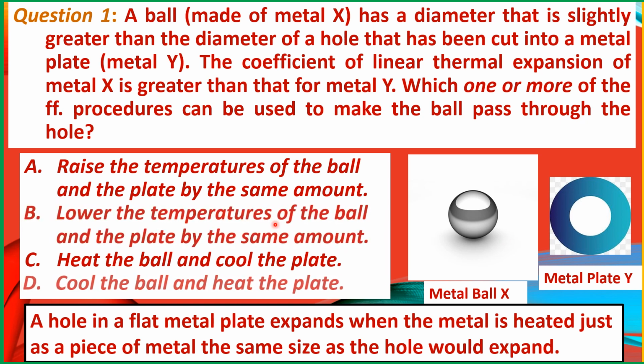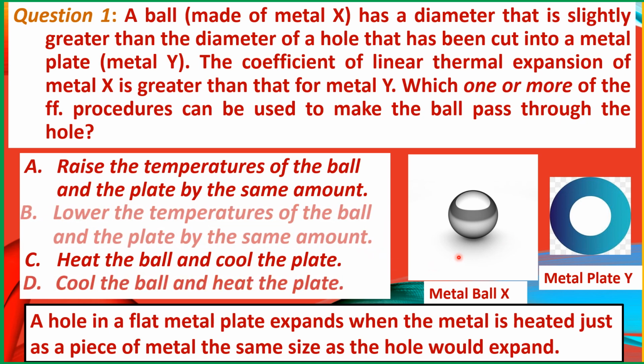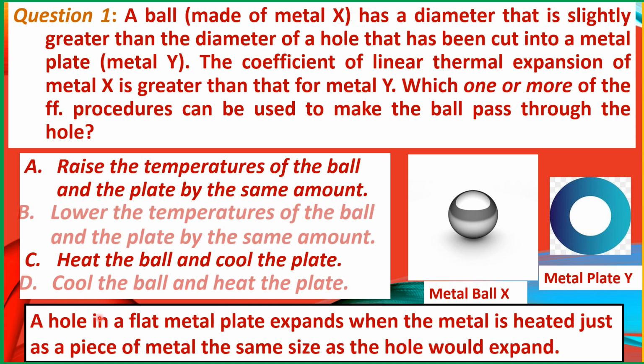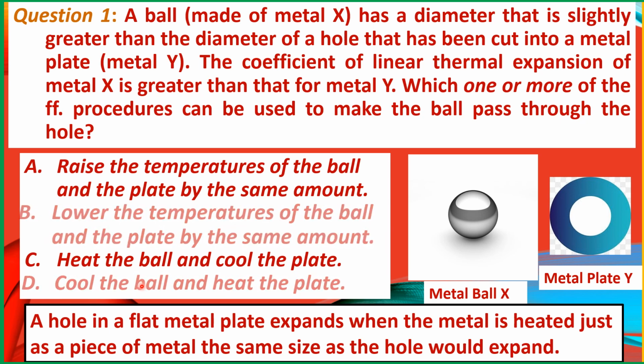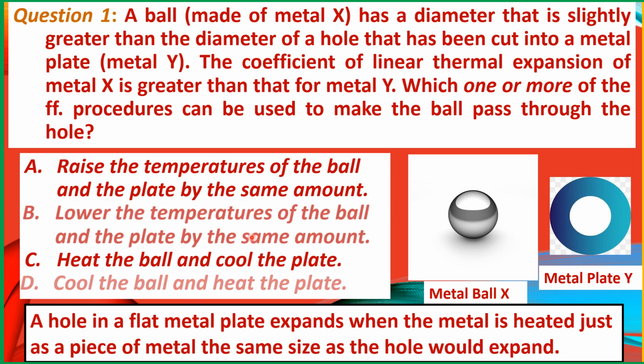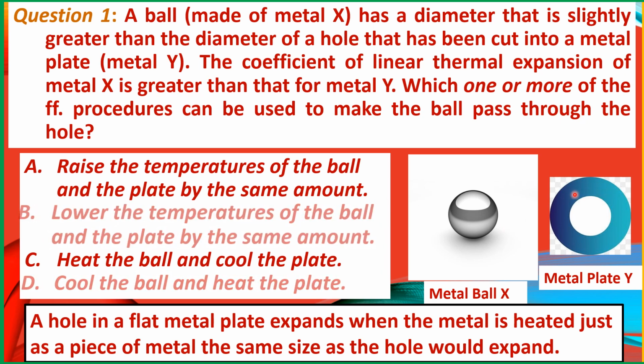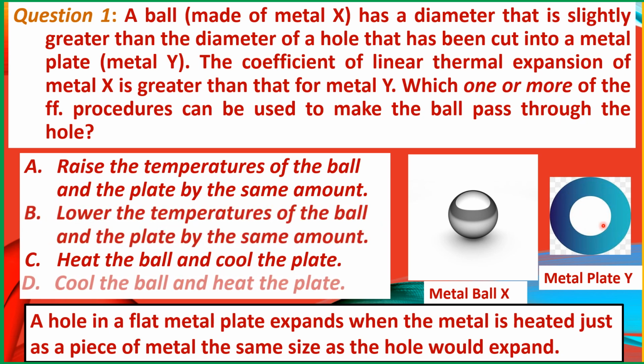Letter B, likewise, can be explained. It's quite similar to letter D because if you're going to lower the temperature of the ball, its final volume will be smaller. And since the plate will also be cooled down, in other words, its final volume will also be smaller compared to its original volume.